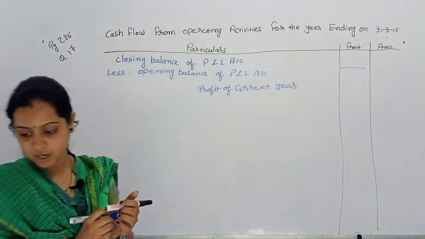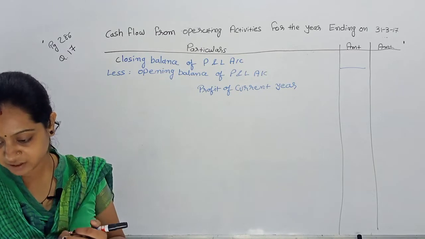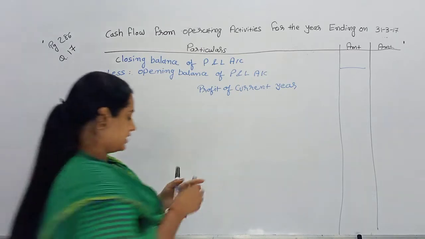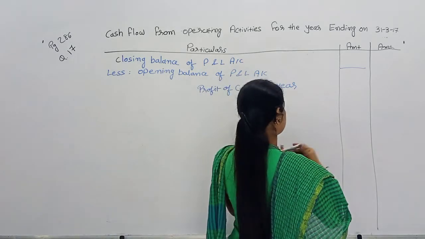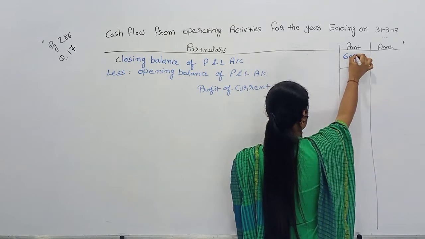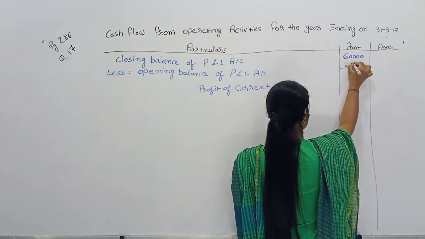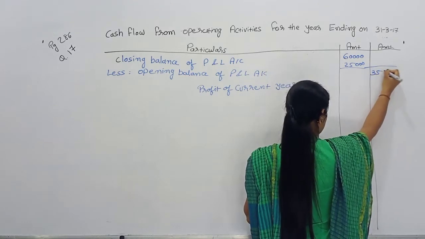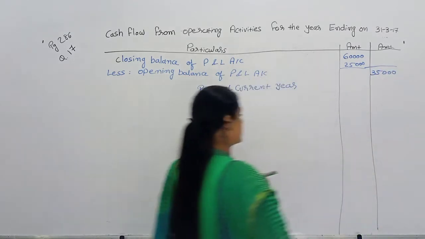At the beginning 25,000 and at the end of the year 60,000, right? So we'll write 60,000 minus 25,000 and our answer will be 35,000, the profit of the current year.